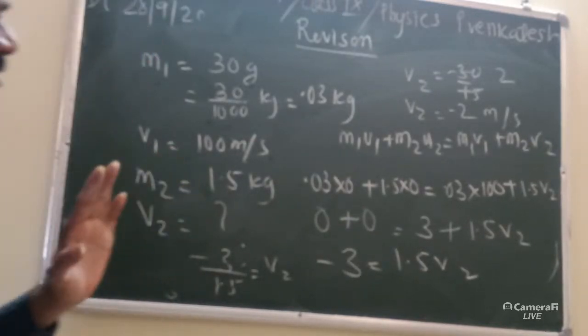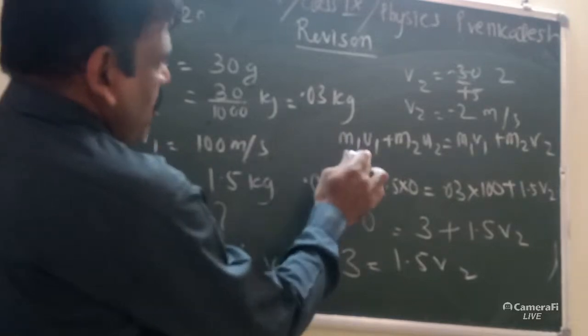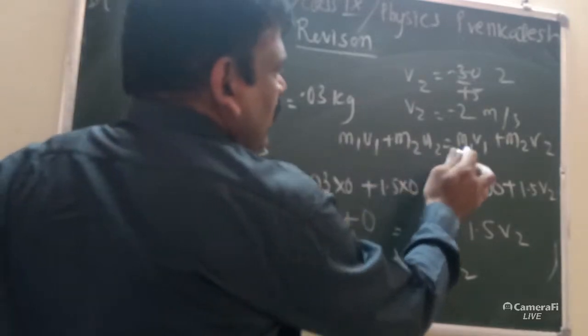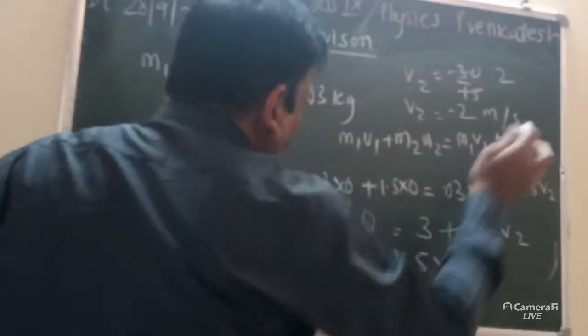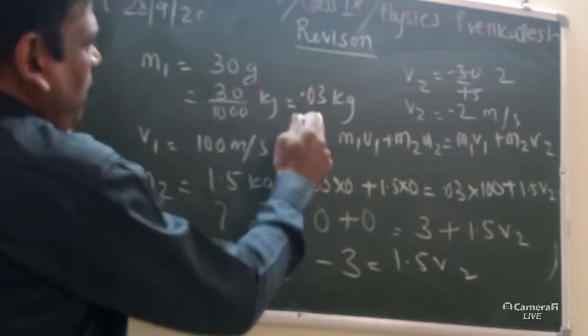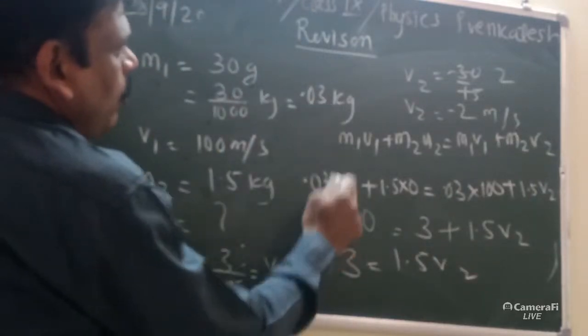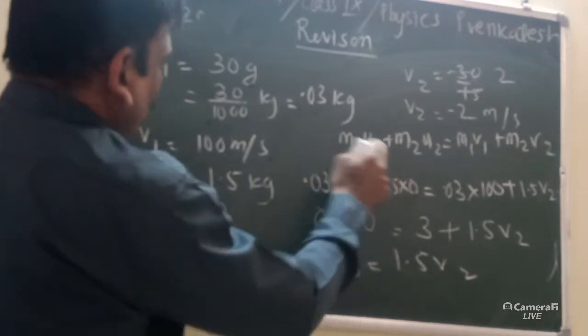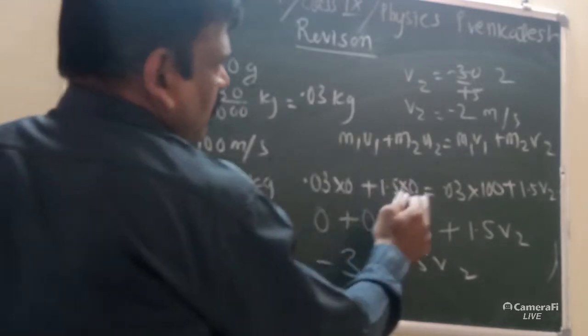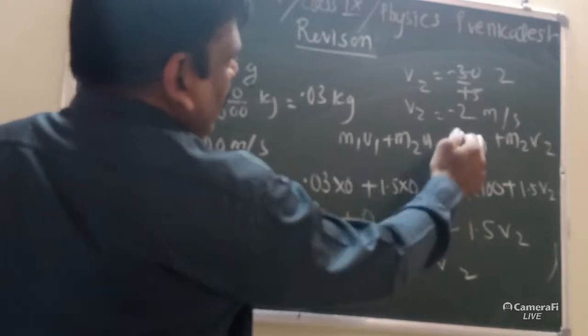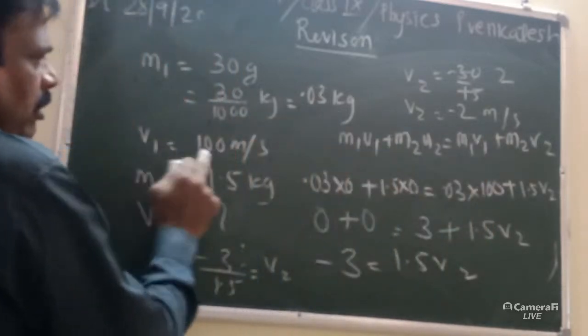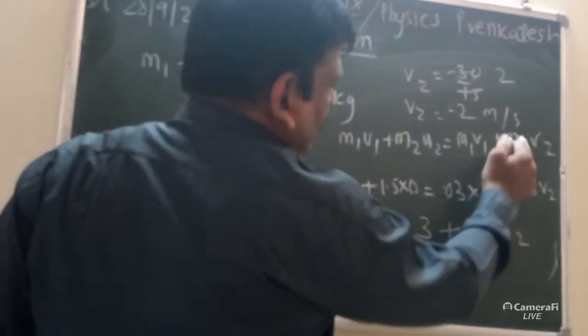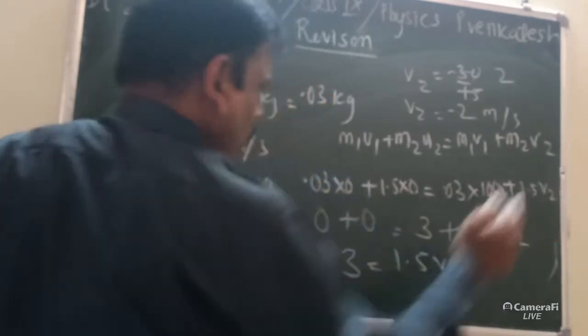According to the law of conservation of momentum, m1 u1 plus m2 u2 equals m1 v1 plus m2 v2. So 0.03 into 0 plus 1.5 into 0, because m2 is 1.5, equals 0.03 into v1, which is 100, plus 1.5 into V2.